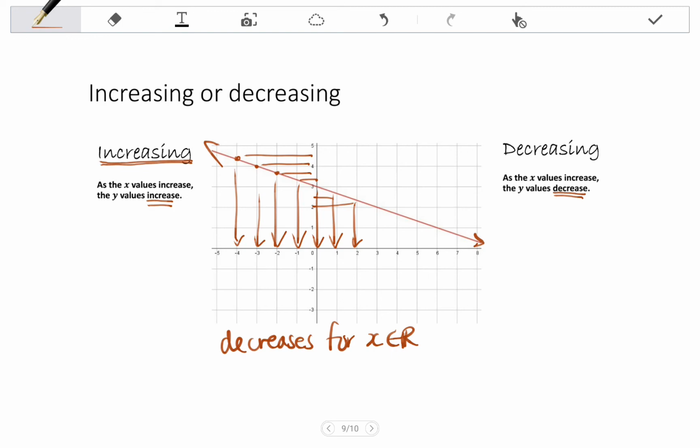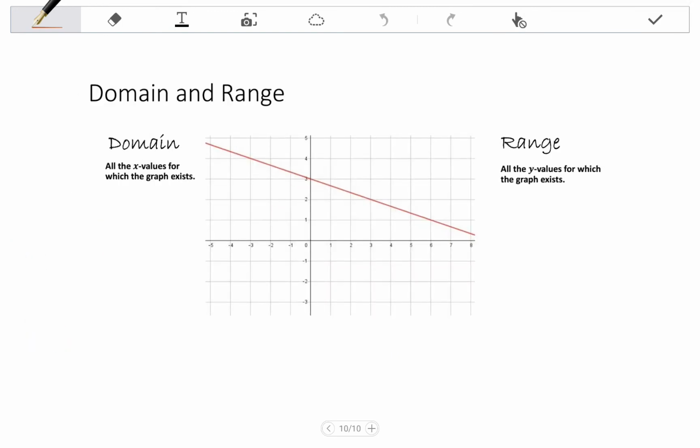And to revise domain and range, remember that the domain are all the x values for which the graph exists. So if I select an x value, say x equals -3, and I draw a vertical line and I'm able to find the graph, it means that the graph exists at that value x equals -3.